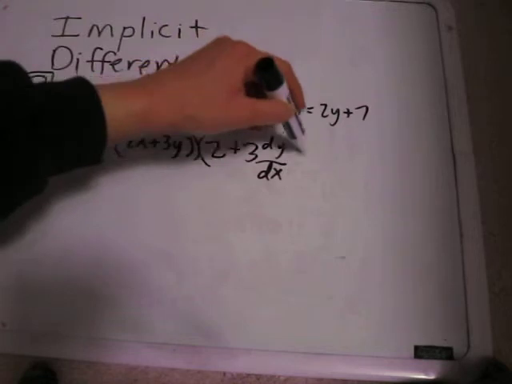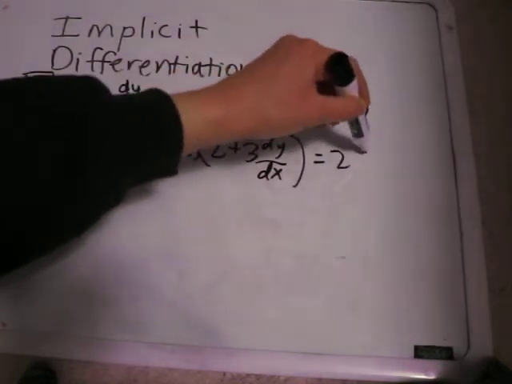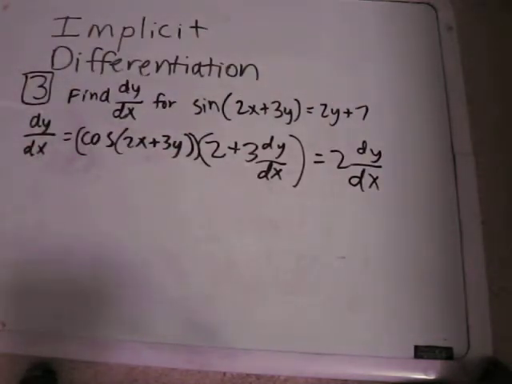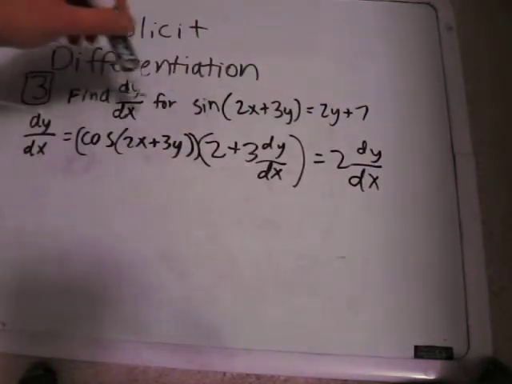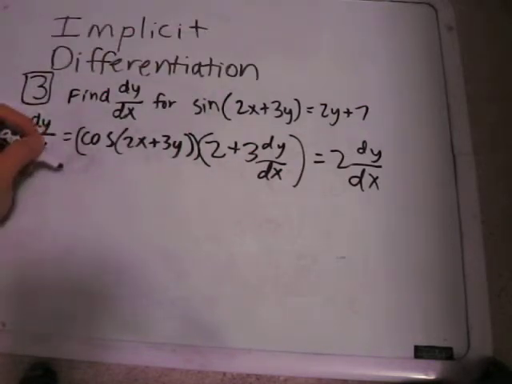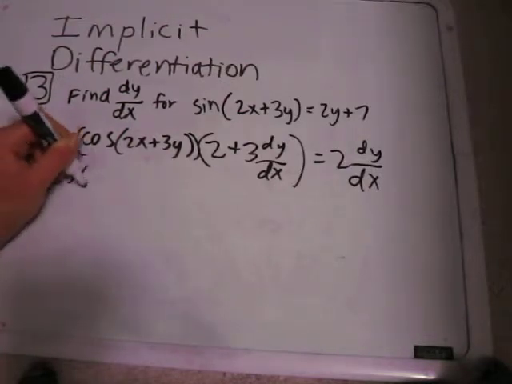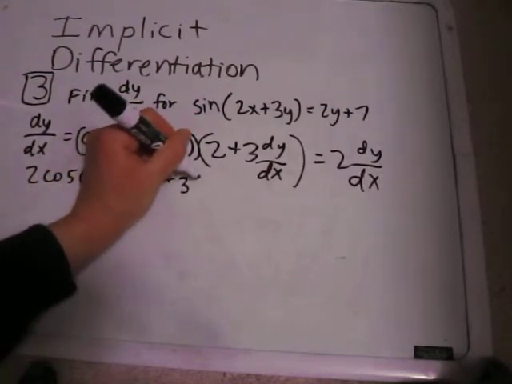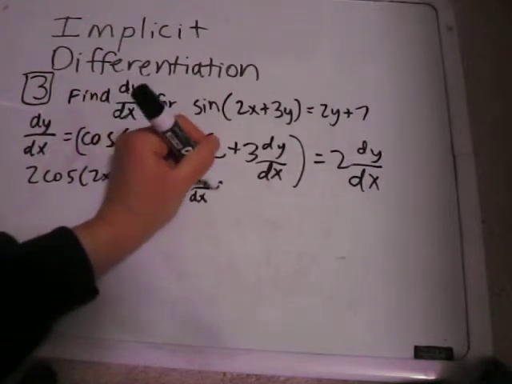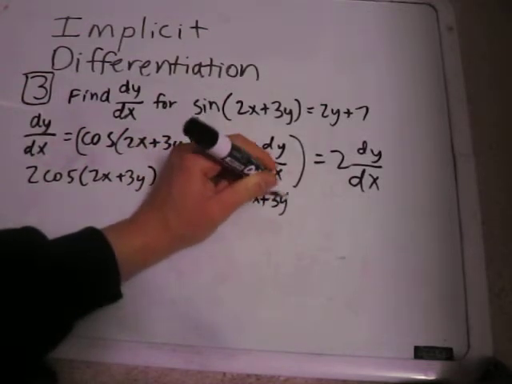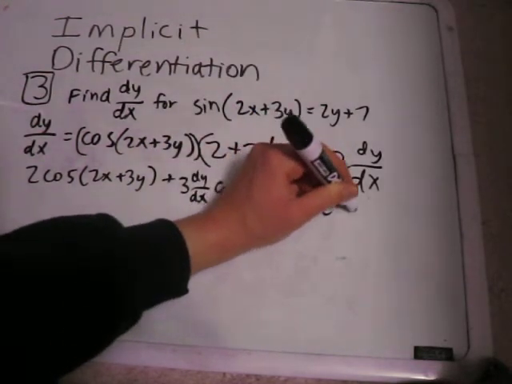And then the other side, just 2 dy/dx, and the 7 disappears. So now we're going to have to do the distributive property for this entire thing for those two. So we're going to have 2 cosine of 2x plus 3y plus 3 dy/dx times cosine of 2x plus 3y equals 2 dy/dx.